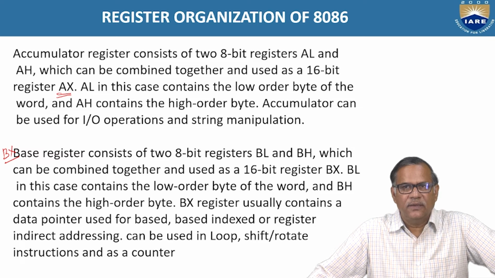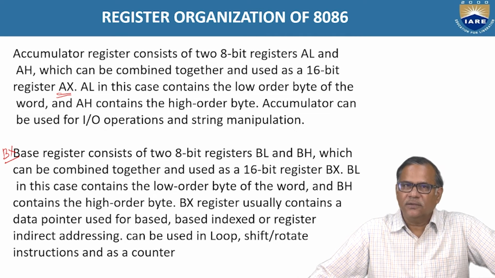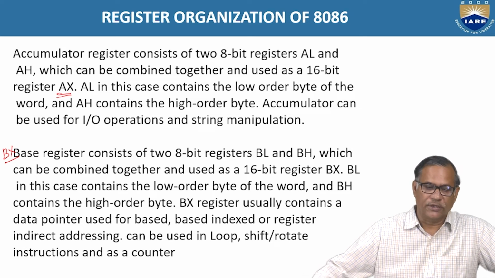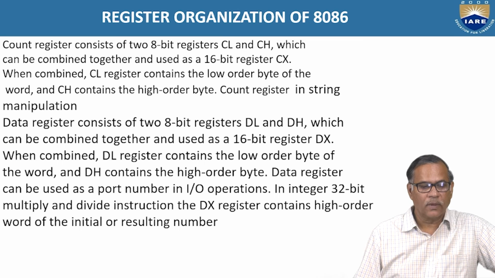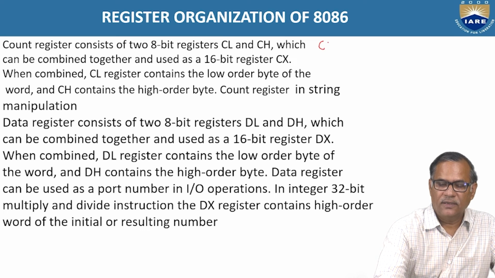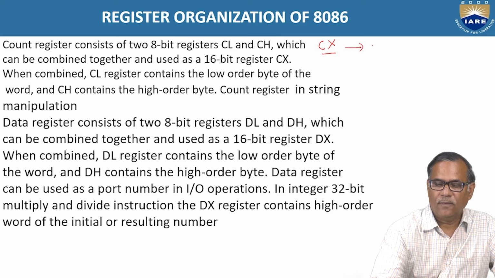BX usually contains a data pointer for based or based indexed or register indirect addressing. This also can be used in loop or shift rotate instructions, and also as a counter. On the other hand, CX register is also called the count register.